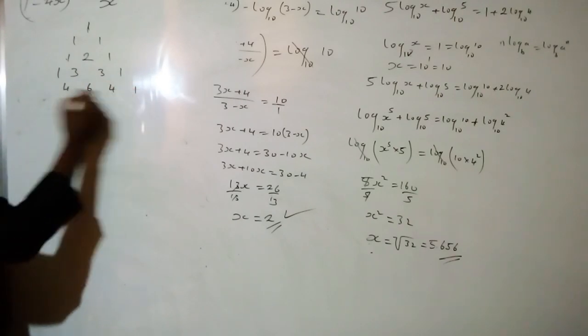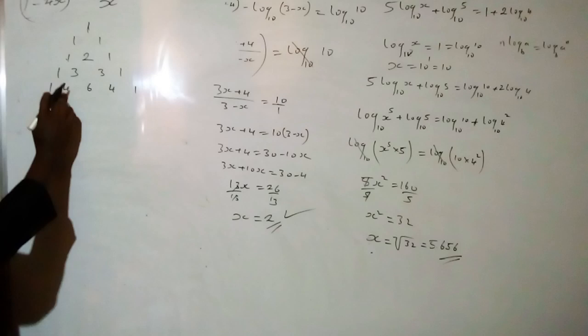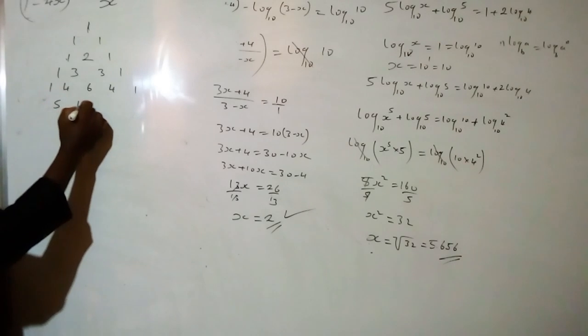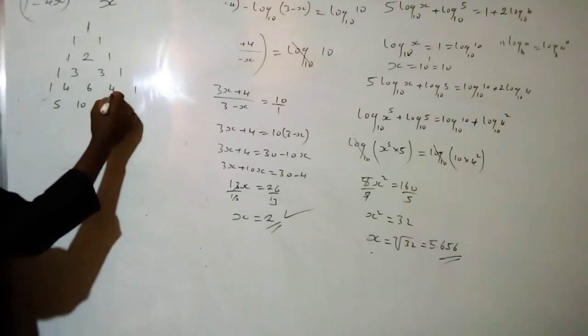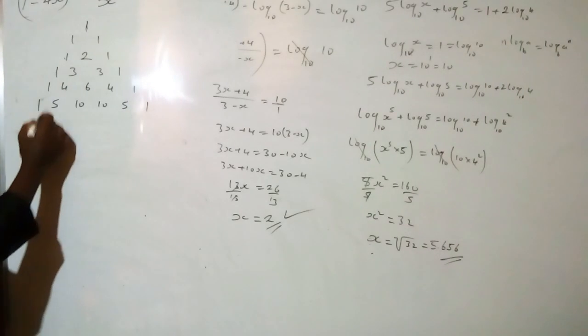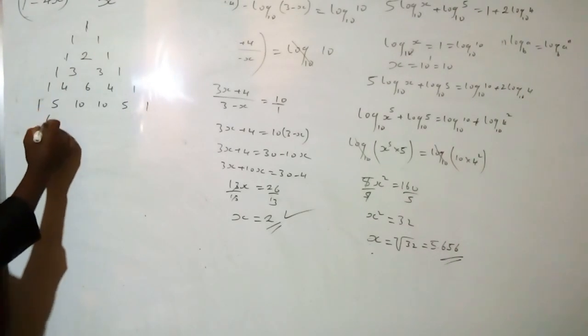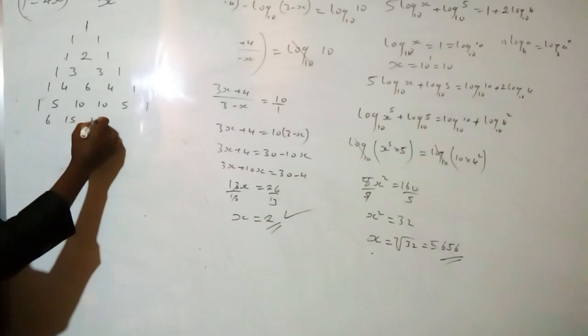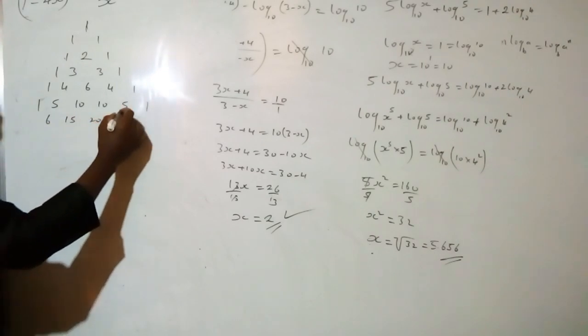This one is for the power 4. Next, 1 plus 4 is 5, 4 plus 6 is 10, 6 plus 4 is 10, 4 plus 1 is 5, 1 5 10 10 5 1. This is for 5. For 6 now, 1 plus 5 is 6, 5 plus 10 is 15, 10 plus 10 is 20, 10 plus 5 is 15, 5 plus 1 is 6, 1 6 15 20 15 6 1.